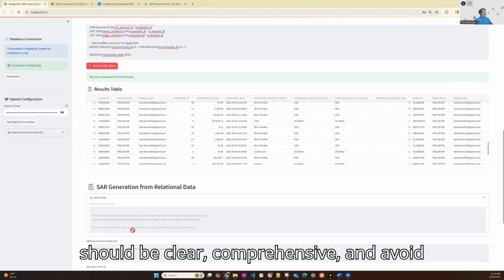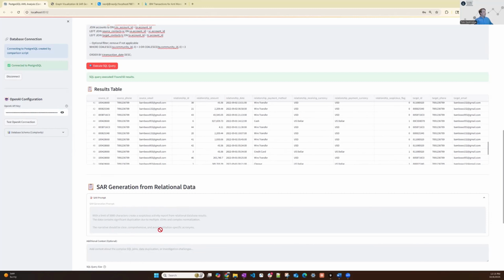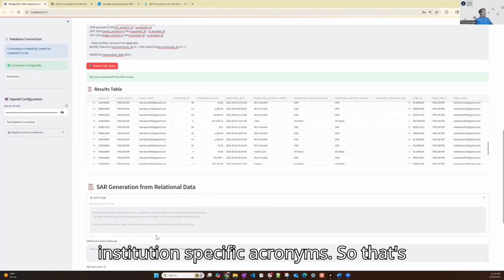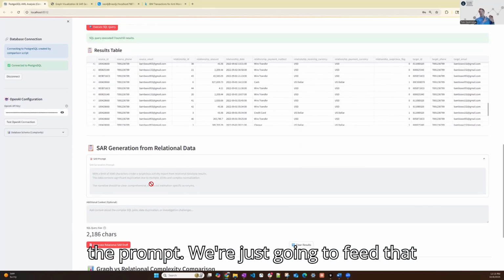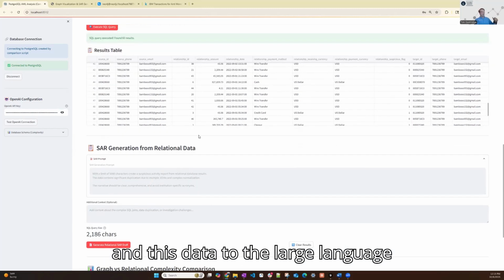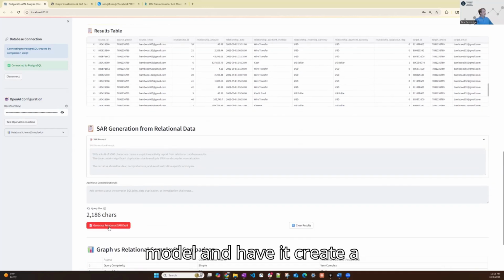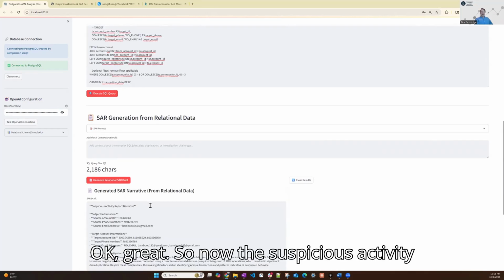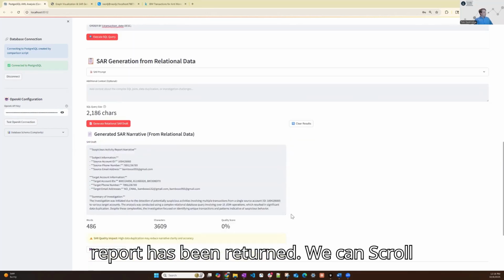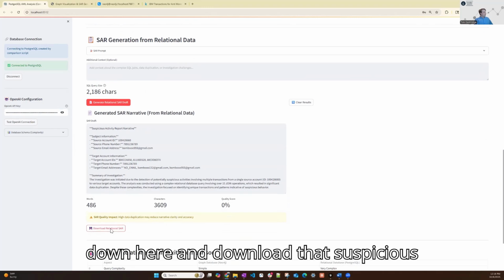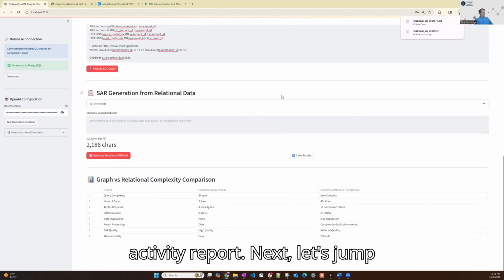The narrative should be clear, comprehensive, and avoid institution-specific acronyms. So that's the prompt. We're just going to feed that and this data to the large language model and have it create a draft SAR. Okay, great. So now the suspicious activity report has been returned. We can scroll down here and download that suspicious activity report.